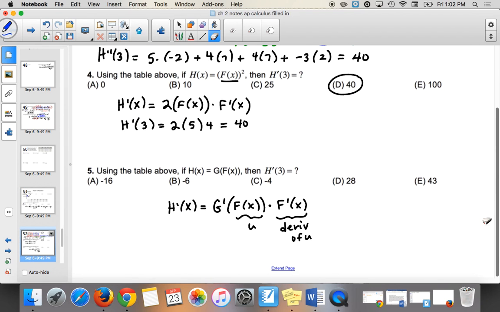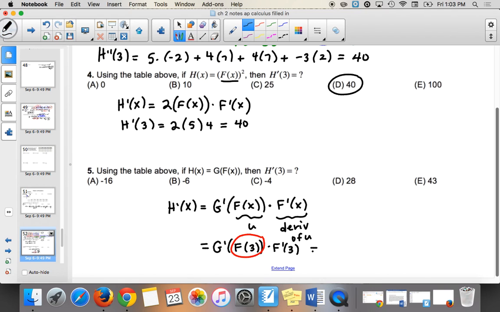So it's right here. We're saying g prime of whatever f of 3 is, times f prime of 3. Well, f of 3 we find. Looking at your chart, do you guys see f of 3? It's 5. That's where the 5 comes into play. So then we have g prime of 5, which on the chart is going to be 3.